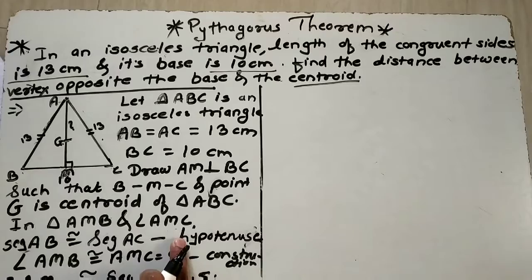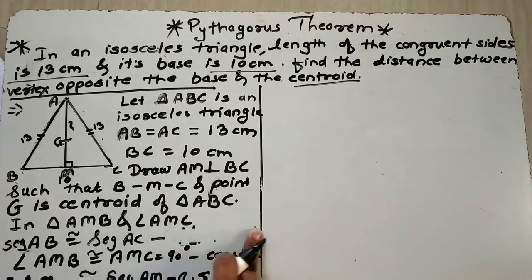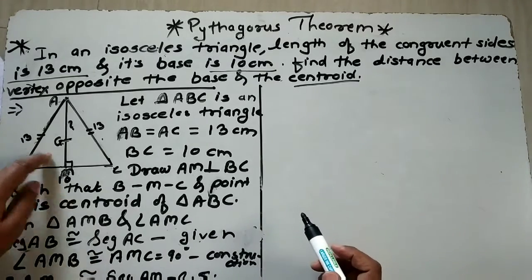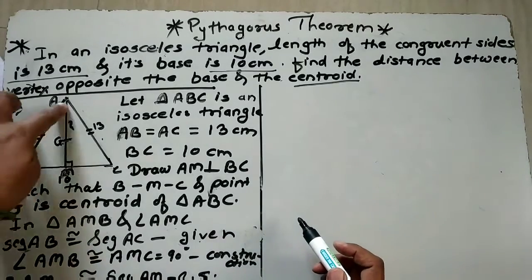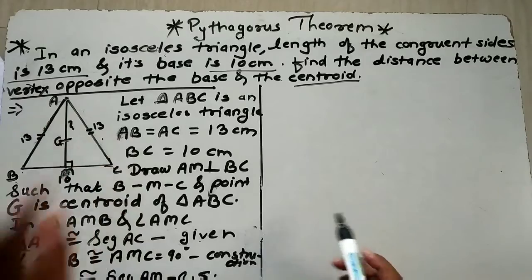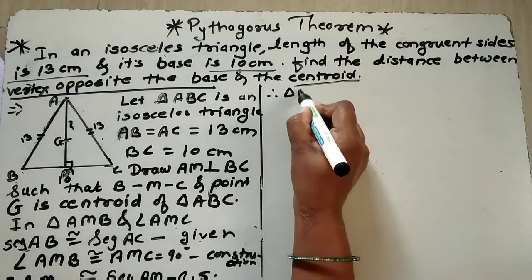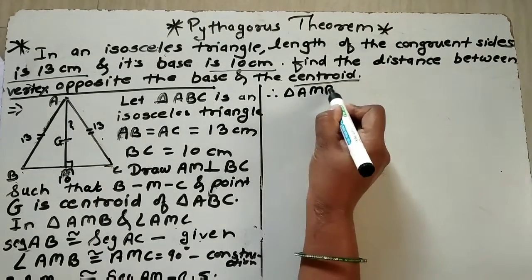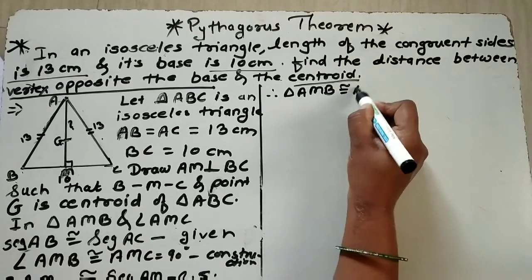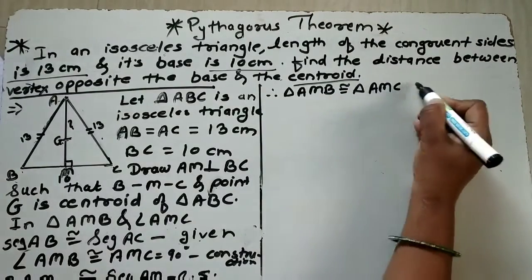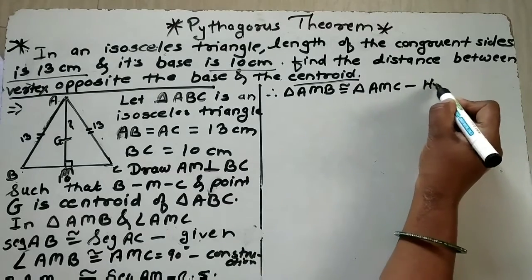Instead of writing hypotenuse we will write given, because it is the information provided in the question. So according to this, by the hypotenuse side theorem, these two triangles, triangle AMB and triangle AMC, are congruent to each other. Therefore triangle AMB is congruent to triangle AMC by the hypotenuse side theorem.